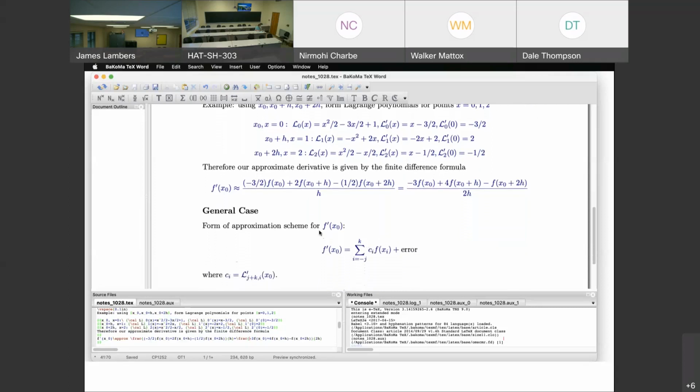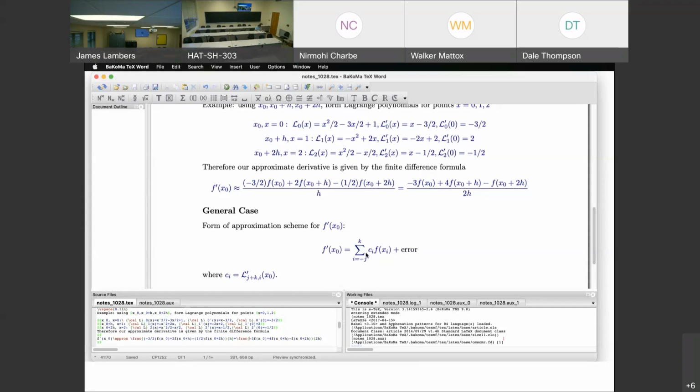More generally, to use any number of points, this formula here actually does not require equal spacing, it's just more convenient if it is. The coefficients are given by the derivatives of Lagrange polynomials at x naught.